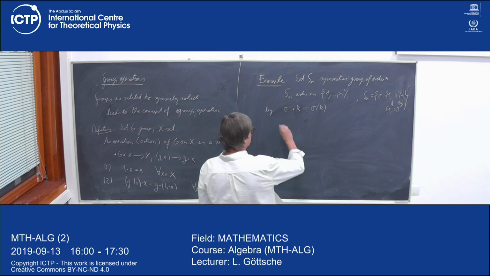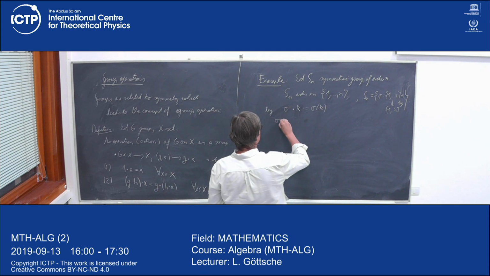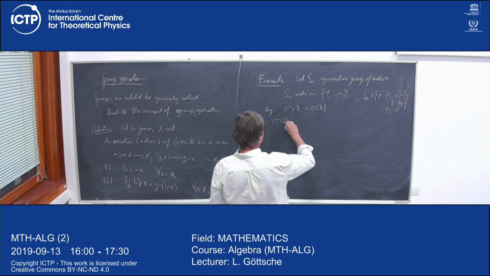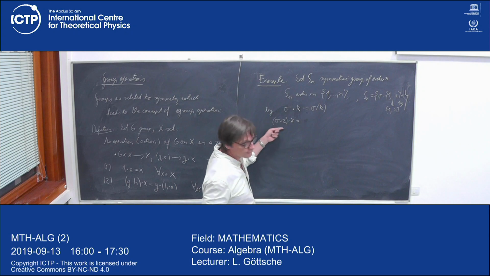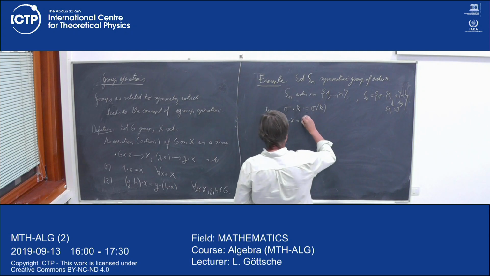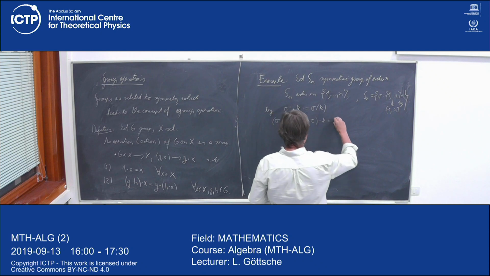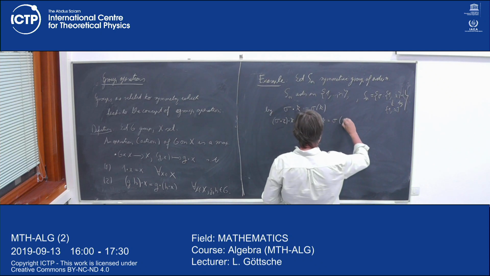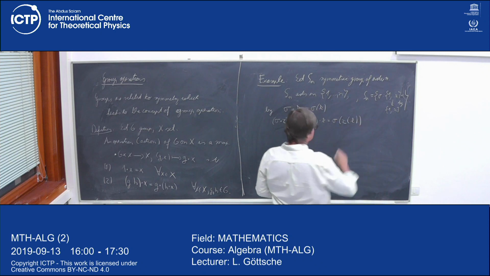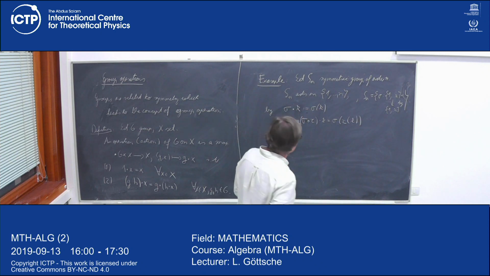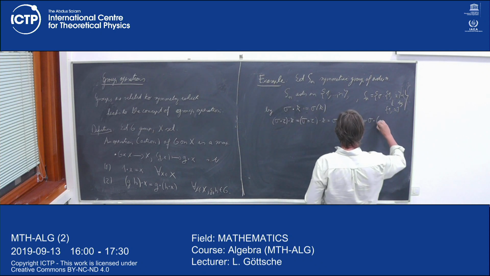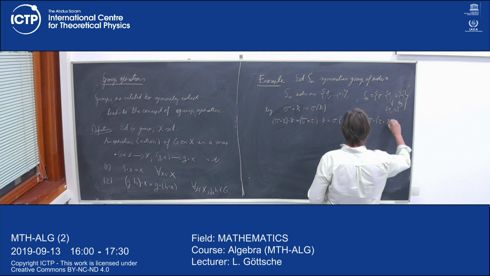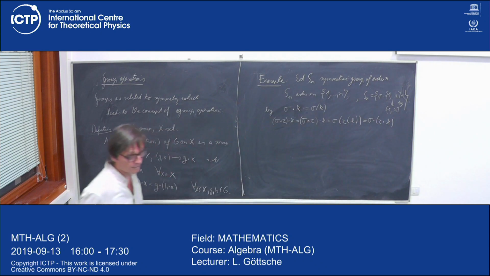And then sigma times tau is by definition the composition of these two, sigma composed with tau, which is just sigma of tau of k, which by definition is sigma acting on tau acting on k.